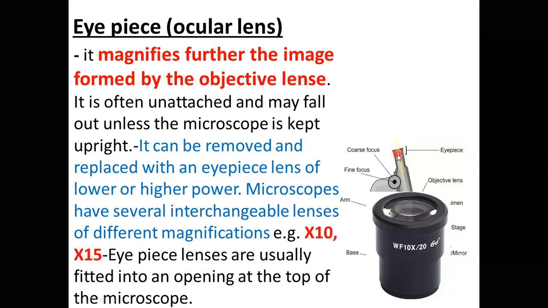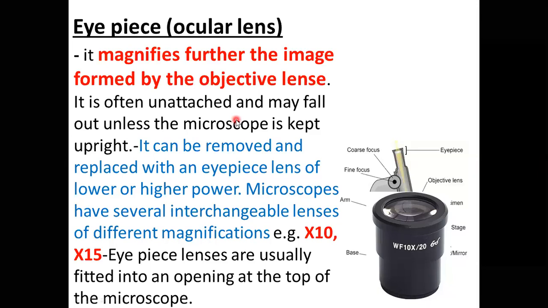Then in the eyepiece, we can insert the lens. So this lens can fit in here. So always when you're communicating, communicate precisely. Are you talking about the eyepiece or the eyepiece lens? Most students don't distinguish that. So the eyepiece holds the eyepiece lens. That's something that we need to know.